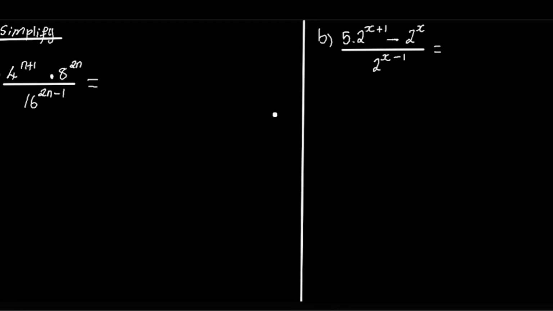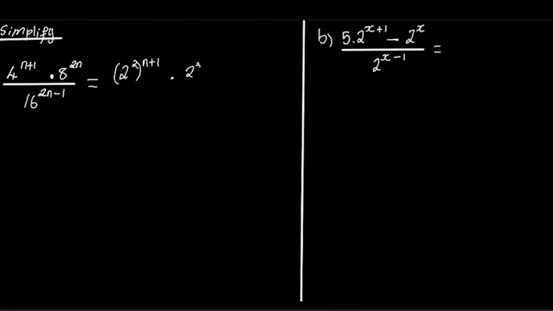So the first question that you need to ask yourself is, how can I make all of these bases, or the numbers, the same base, or two bases of the same number? In this case, we know that we can write 4 as 2 to the power of 2, and that 4 was raised to the exponent of n plus 1, multiplied by 8.